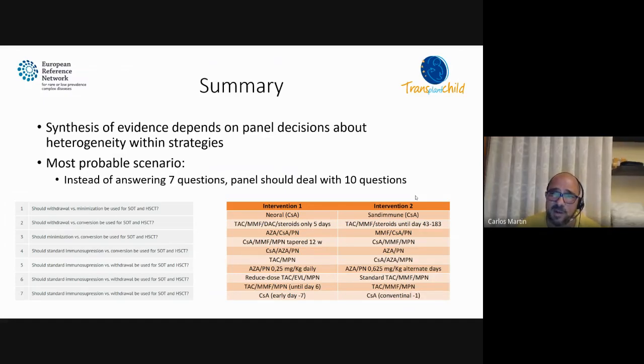But the issue is that if we answer 10 questions based on particular interventions, the guideline can only give recommendations on that. If the panel decides to go ahead with the meta-analysis by strategy, we can answer the 7 questions, and the questions are much more inclusive.